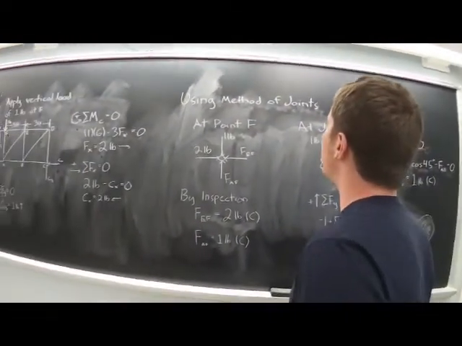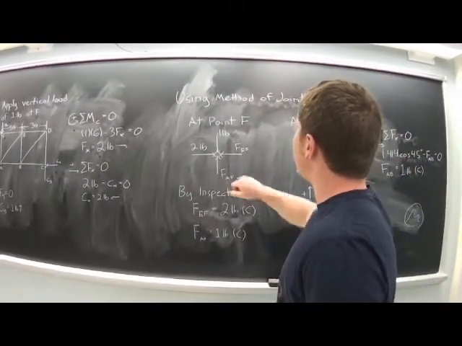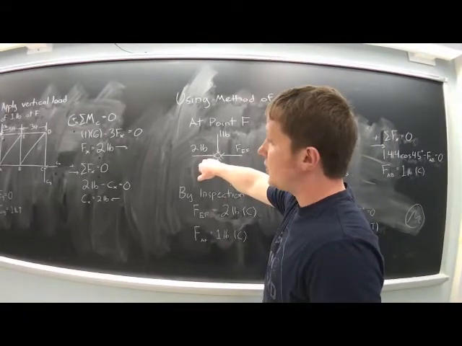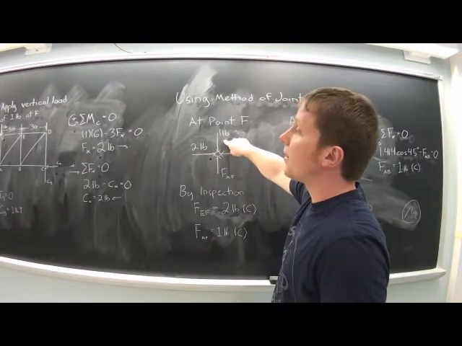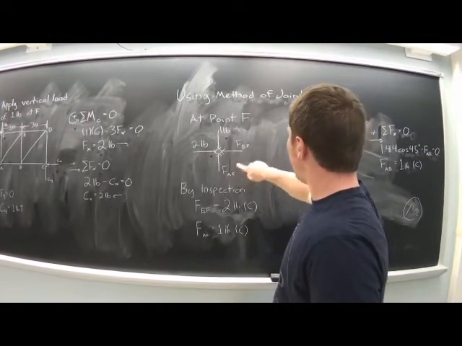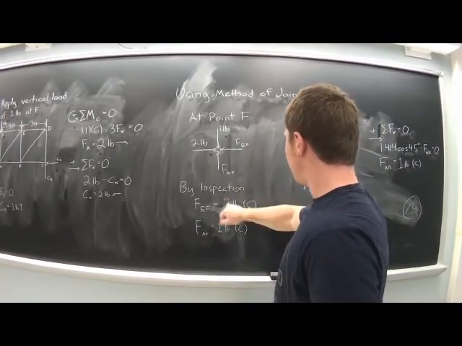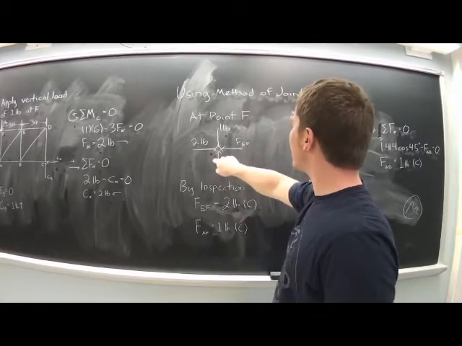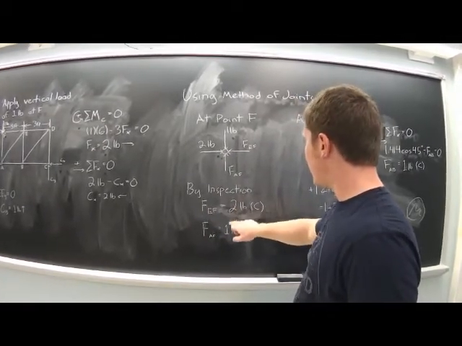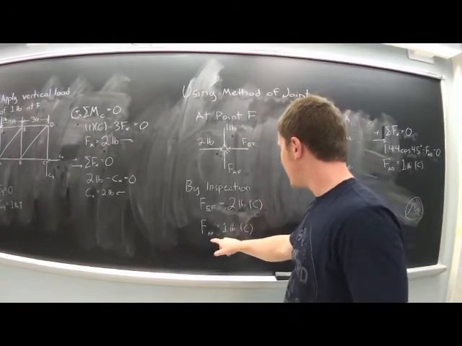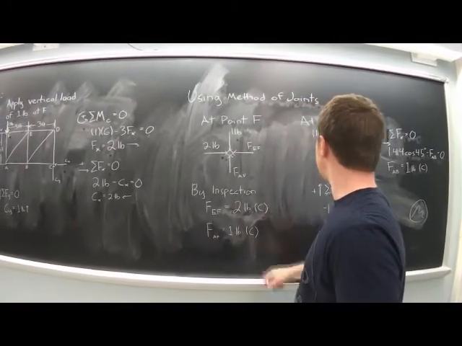Coming over here, we're using the method of joints at point F, and we know that there's already a 2 pound force that is Fx, and there's the 1 pound force that we applied. You sum the forces in the x and the y, and you find that the force in EF is 2 pounds in compression, and the force in AF is 1 pound in compression.